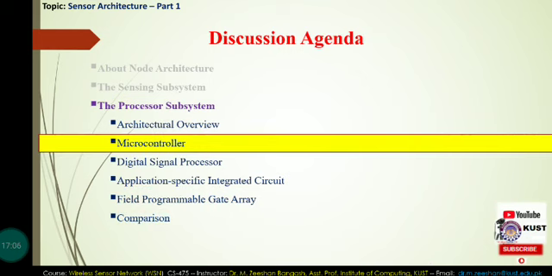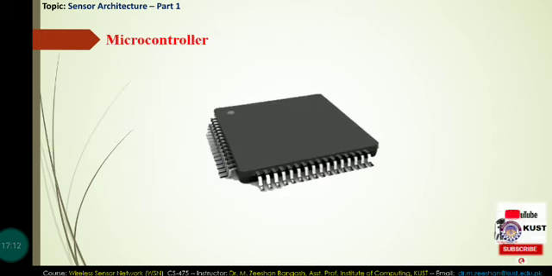So let's talk about the second subsystem, that is the microcontroller. This microcontroller is a computer present in a single integrated circuit, and it is dedicated to perform one task and execute one specific application. So these are some of the restrictions of this subsystem.